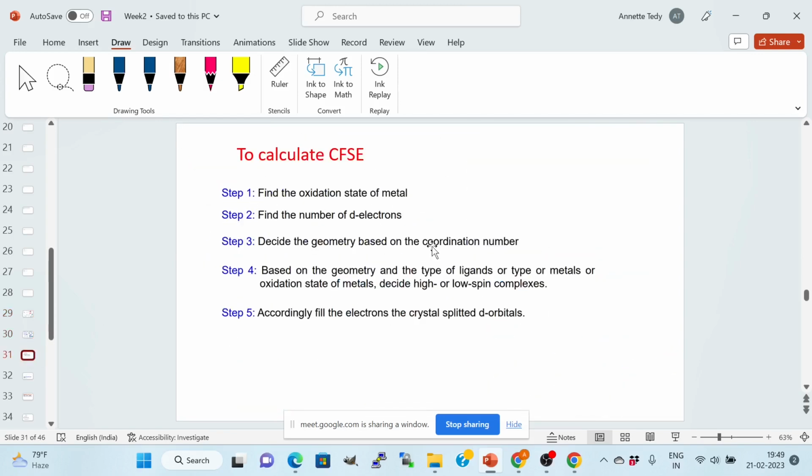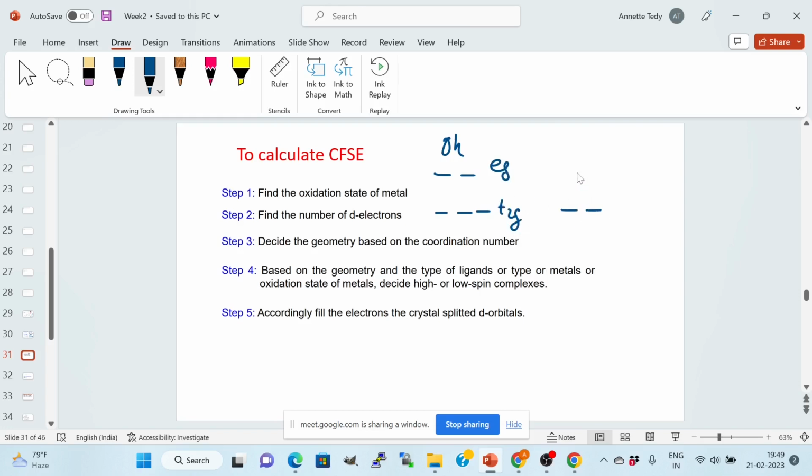So to calculate CFSE, first we need to find the oxidation state of the metal, then find how many d electrons are there. Then based on the coordination number or the number of ligands, we have to identify the geometry. Based on geometry, we have to find which kind of splitting pattern is there, T2g, Eg or E, T2. That is, for octahedral, we have T2g, Eg.